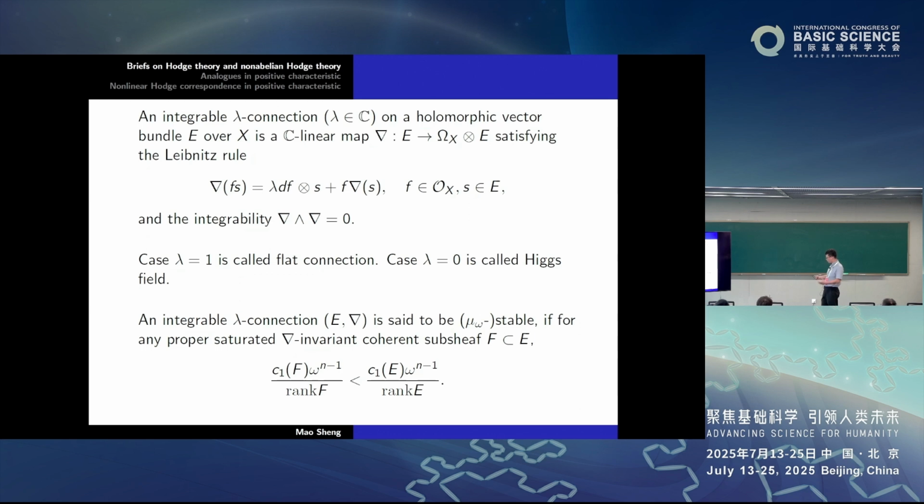I have fixed a polarization, a Kähler metric, in my context. So you have omega, and you can define the degree with respect to omega. The bundle is stable when, for any saturated proper connection-invariant coherent subsheaf, you have this strict inequality. When it is a non-strict inequality, it is called semistable.